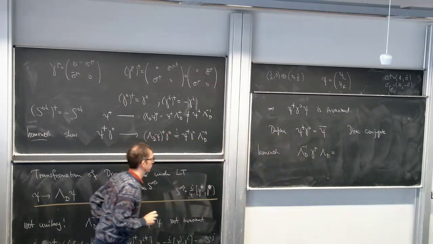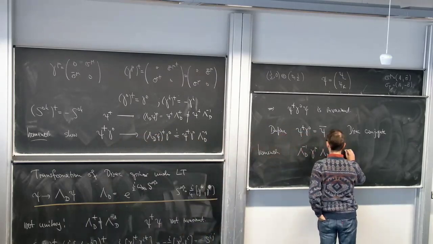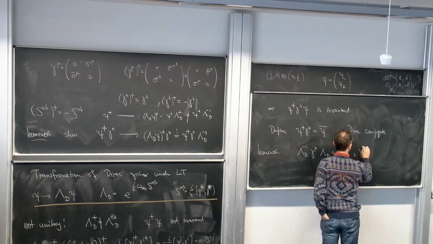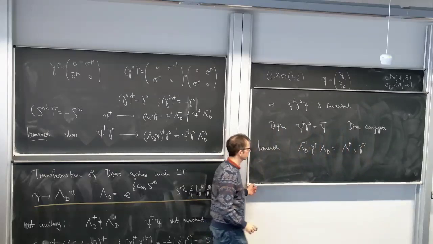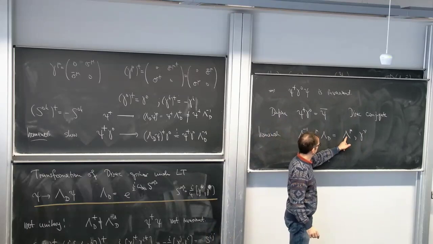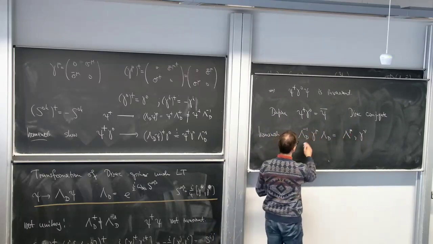Yeah, the minus, you have to have that, right? This is the same as the corresponding Lorentz representation of the Lorentz transformation on the four vectors. It's totally weird.